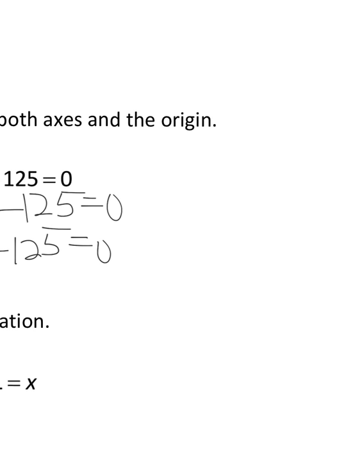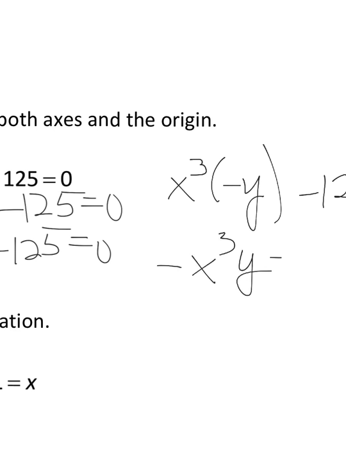What if we plugged in -y? Hopefully you'll see before me going through this what's going to happen. -y, we just move the negative out front, and that obviously is not symmetrical to the x-axis because this is not an equivalent equation to that.